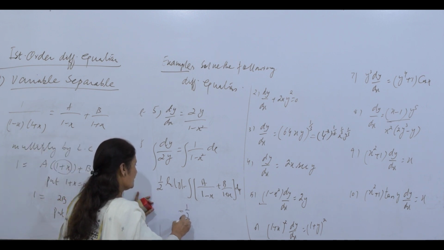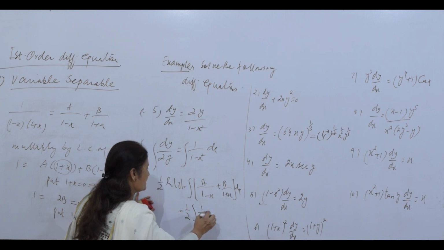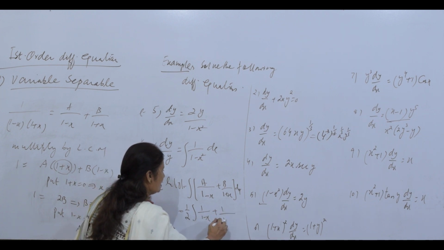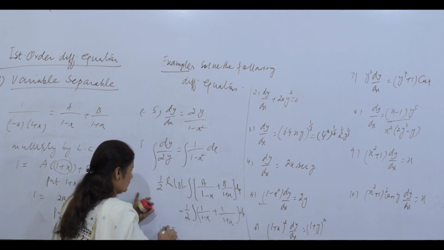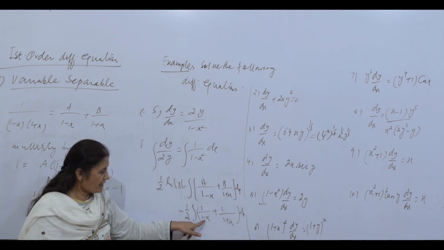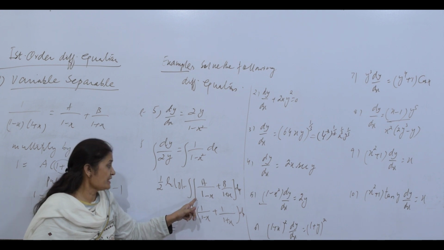Let half be taken out, and integrate 1 over 1 minus x plus 1 over 1 plus x, dx, both. Here for 1 minus x, the derivative is minus dx.